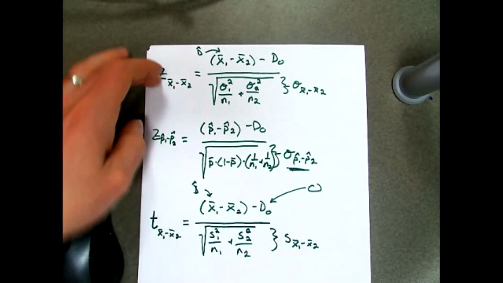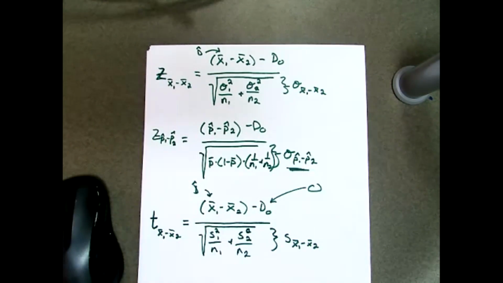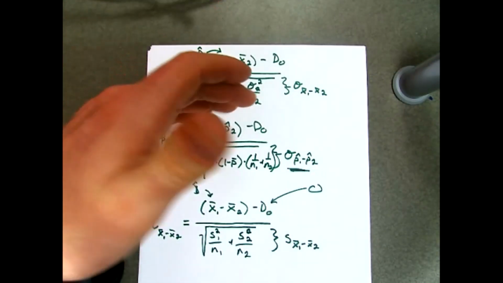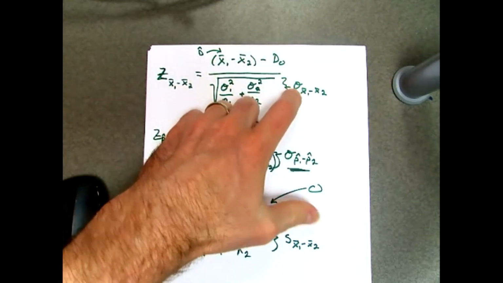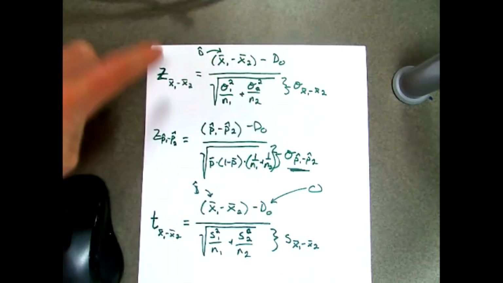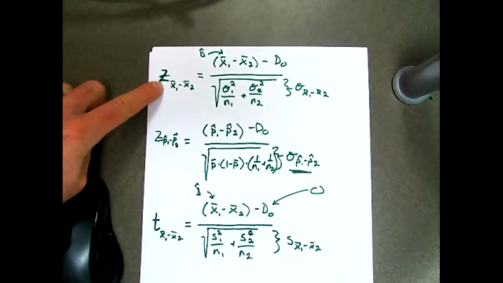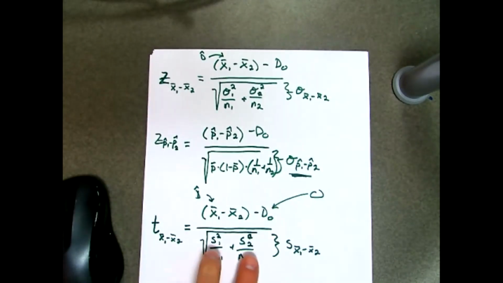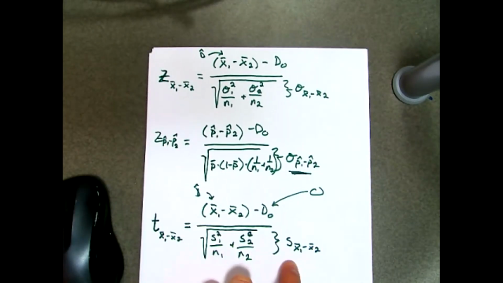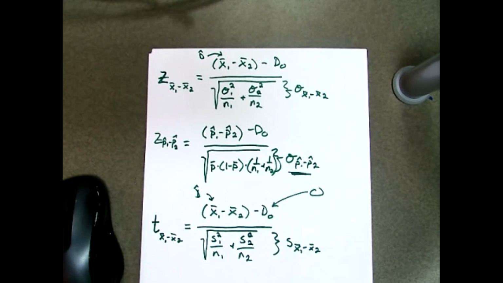So really the only thing different here is notation that just allows us to know, oh yeah, I'm using population variances here to calculate the standard deviation for the difference in my sample means, so I get to use that standard normal distribution. Down here, I'm only using sample variances to calculate the difference in my sample means, so I have to use the student t distribution. And our degrees of freedom goes back to that nasty equation. So just like with confidence intervals, I'll give you what that degrees of freedom is. Okay.